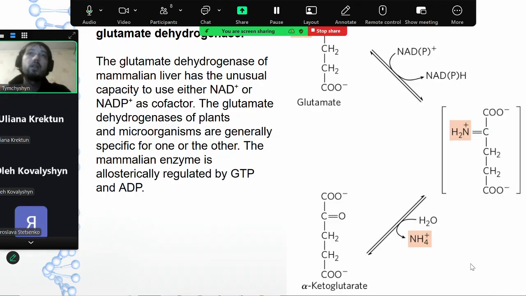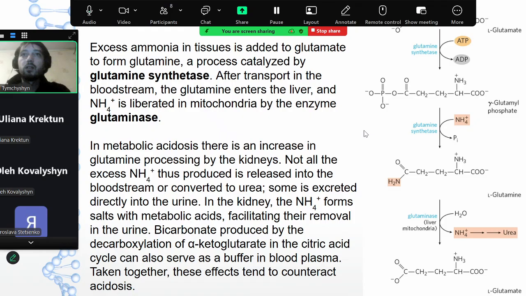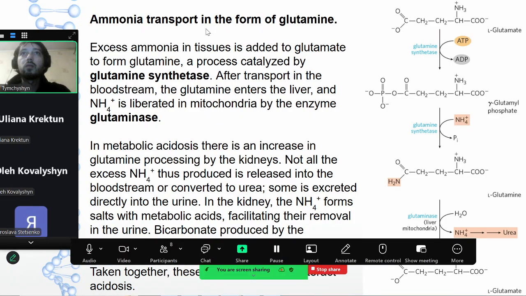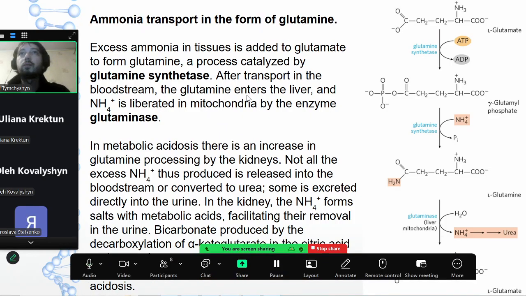The glutamate dehydrogenases of plants and microorganisms are generally specific to one or the other. So here you see that in the image, either NAD or NADP. Good.